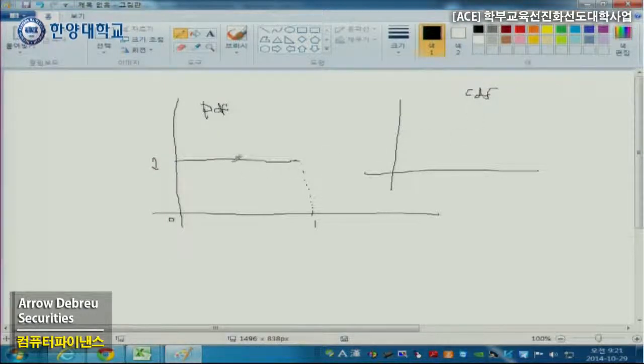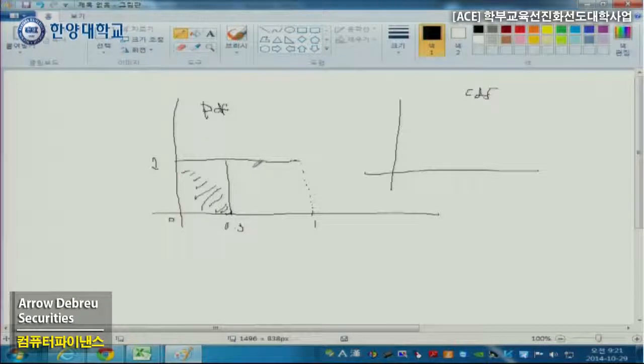So let's pick this number. For example, this is like 0.3. Then the cumulative density function means the probability that I will pick a random number that is less than or equal to 0.3. Right? And the probability is the size of this area.